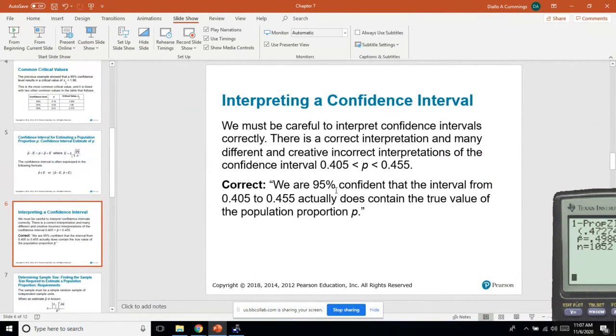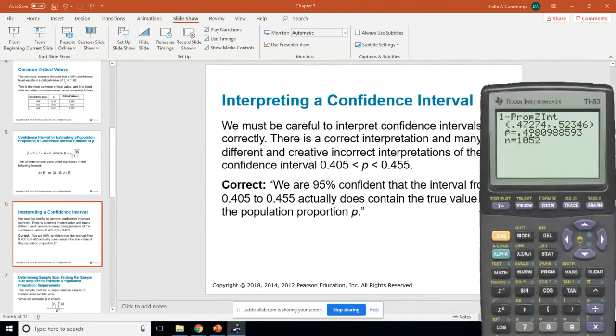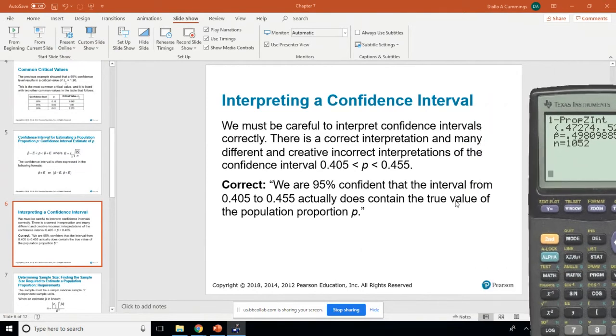We should be 90% confident, because our confidence interval was 90%, that from 0.473 to 0.523 actually does contain the true value of the population proportion.